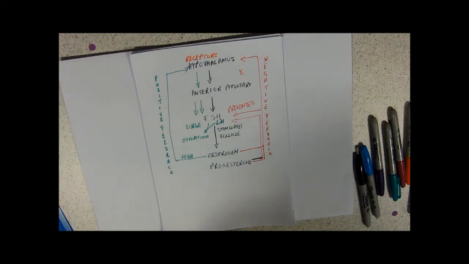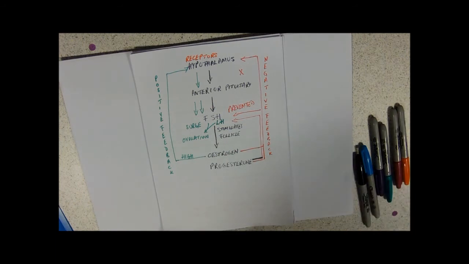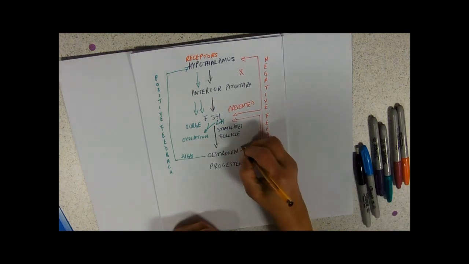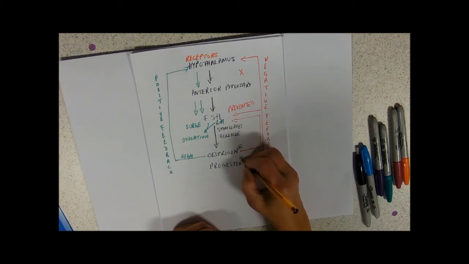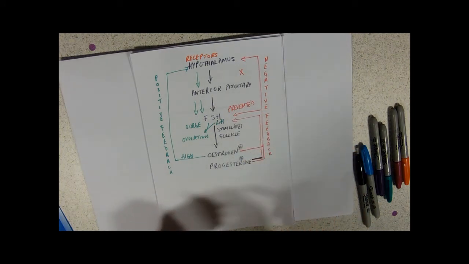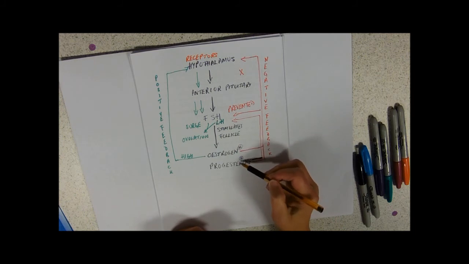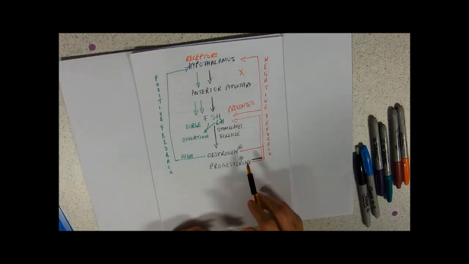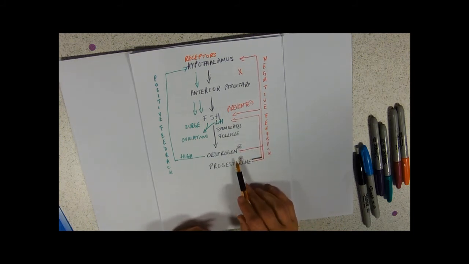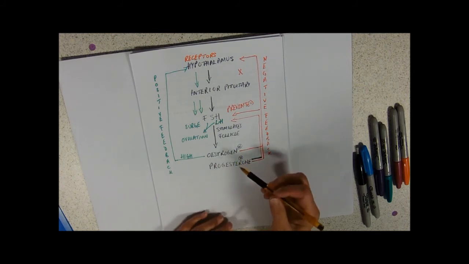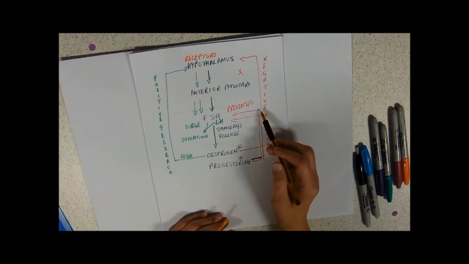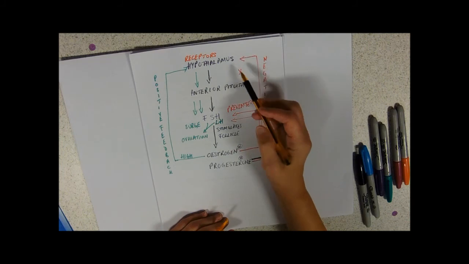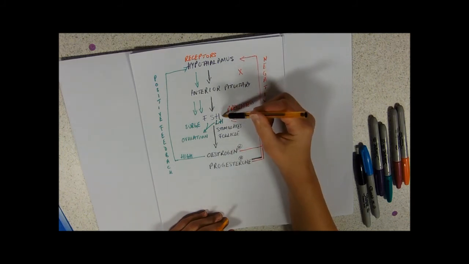As far as contraception goes, the two main contraceptive hormones, whether you're taking them in a pill or having them implanted or having an injection, those are the two main ones. Now you can see that if you're taking a regular higher quantity of estrogen and progesterone, then they're going to negatively feed back and prevent the release of FSH.